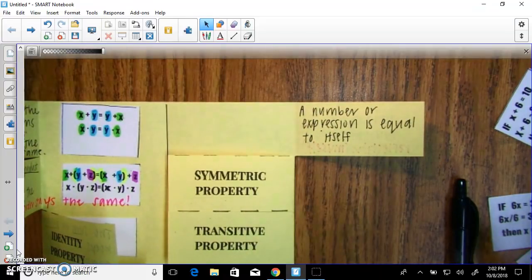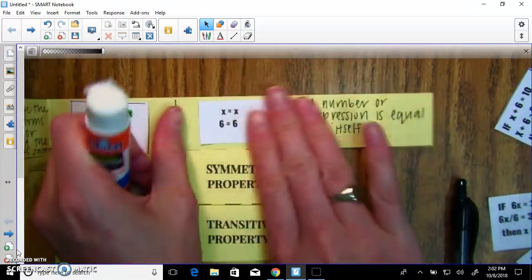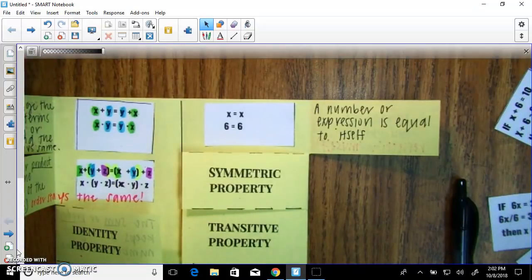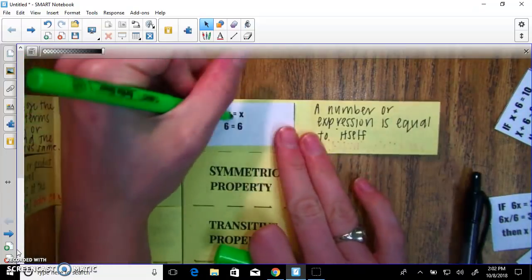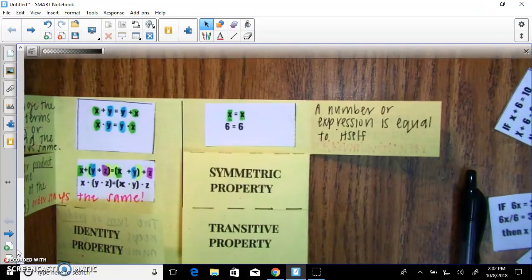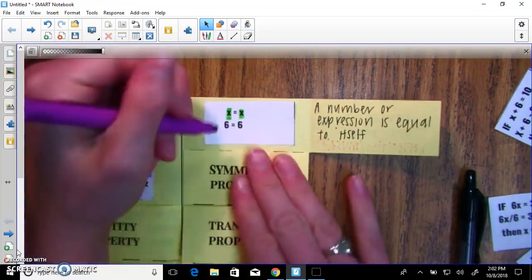Take a look at your cards and see if you can figure out which of these represents the reflexive property. We should find that x equals x and 6 equals 6. A number or an expression or a variable is equal to itself. X equals x, 6 equals 6.